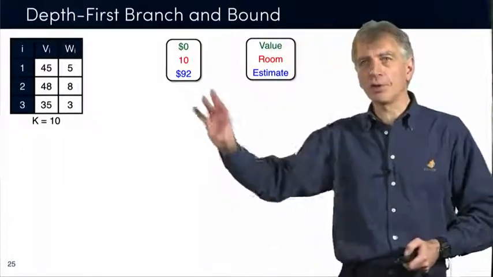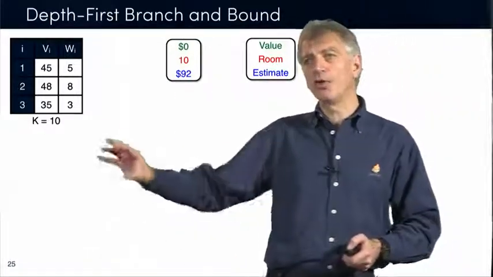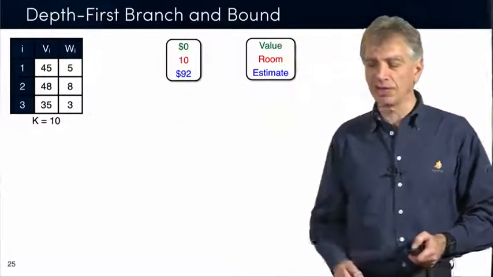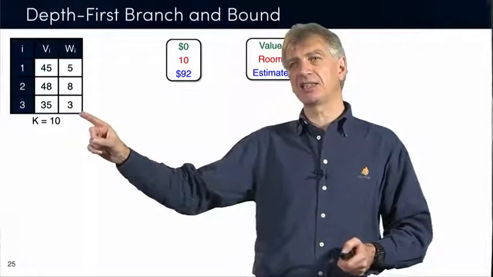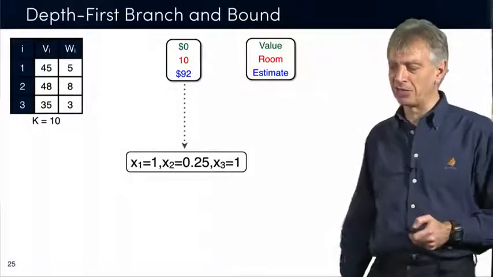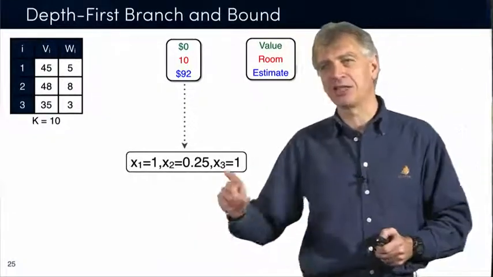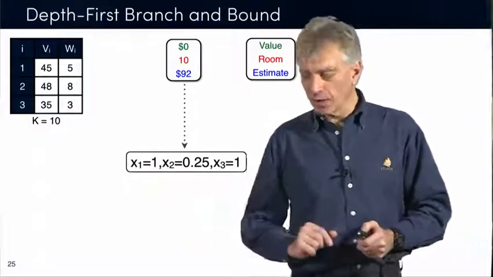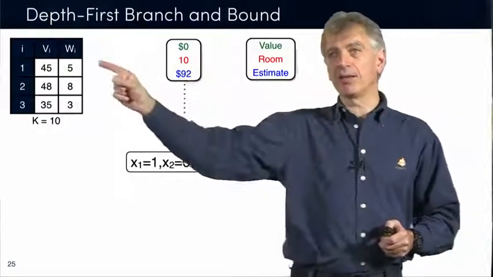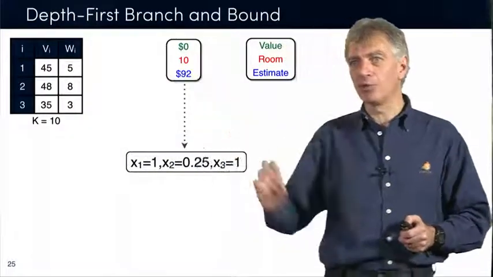So at the top of the tree, at the root node, what you have is a value of 92, and that value of 92 is obtained by selecting items. Well, I think we can let the linear relaxation do this. And this is what the linear relaxation does. The linear relaxation is going to take value 1 for x1. I'm taking item 1. I'm taking item 3. These are the two items with the best ratio.